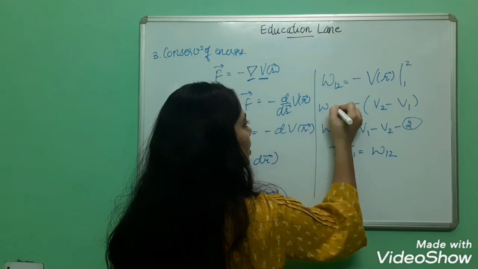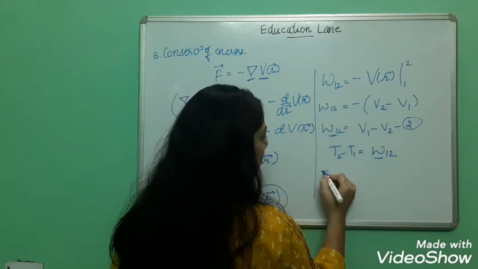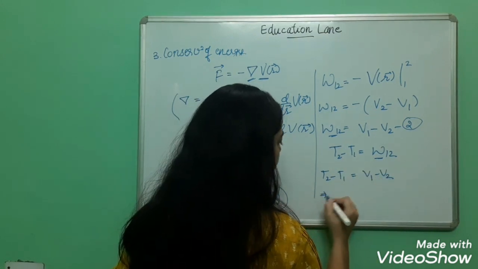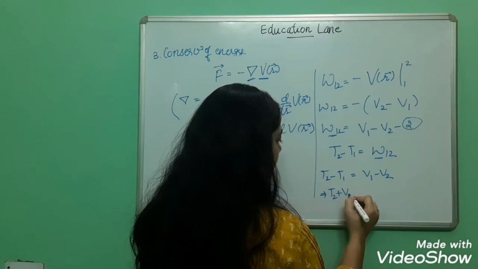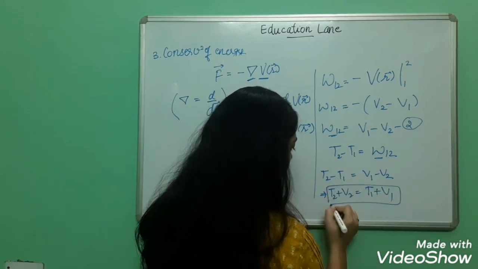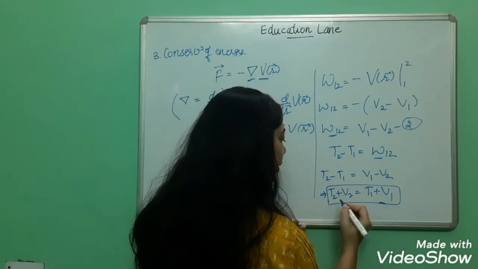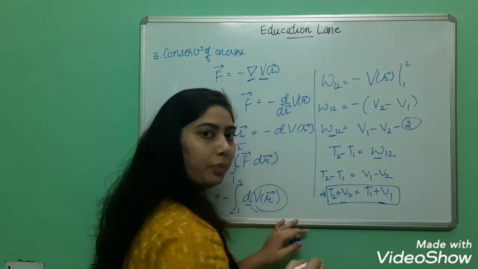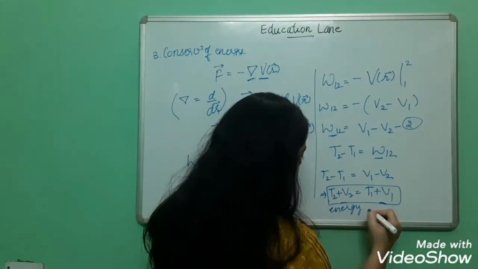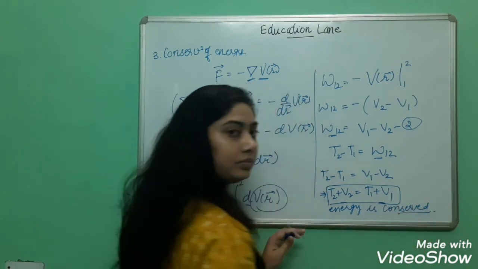Now this work done is the same, so equate both of these. So the kinetic energy plus potential at point 1, sorry, total energy at point 1 is equal to the total energy at point 2, and hence my energy is conserved. Correct?